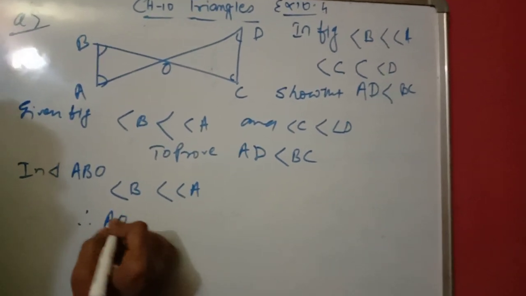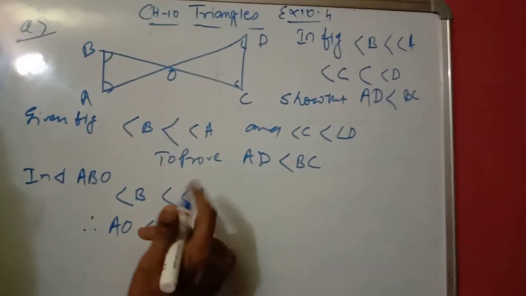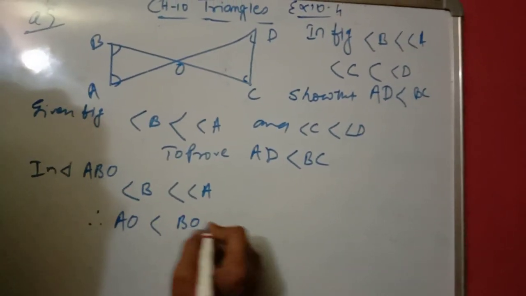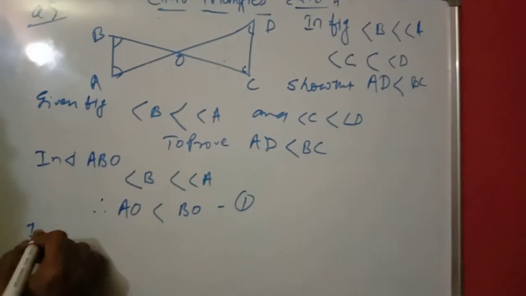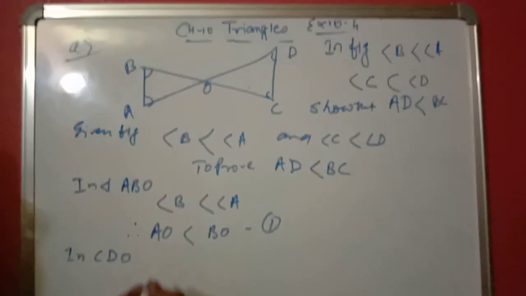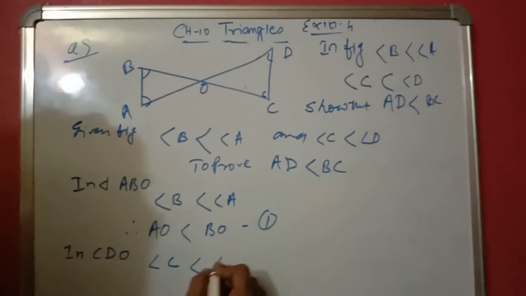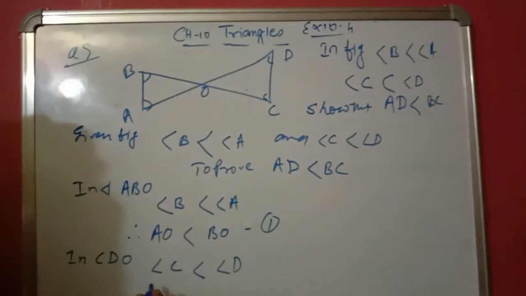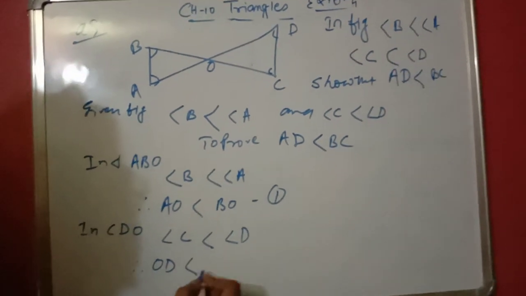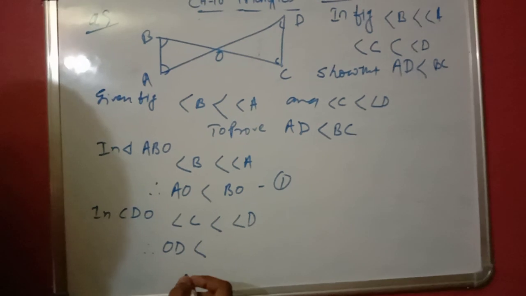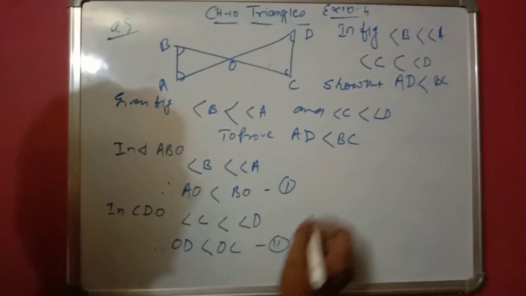Therefore AO is less than BO. This is 1. In triangle CDO, angle C is less than angle D. So the side opposite of angle C is OD. Therefore OD is less than OC. This is equation 2.